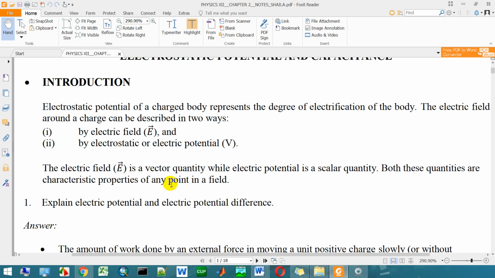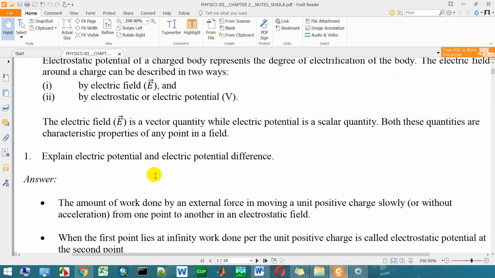The difference is that gravitational force is always an attractive force because it deals with mass, whereas in electrostatics, the electrostatic force can be attractive or repulsive depending upon the sign of charge.